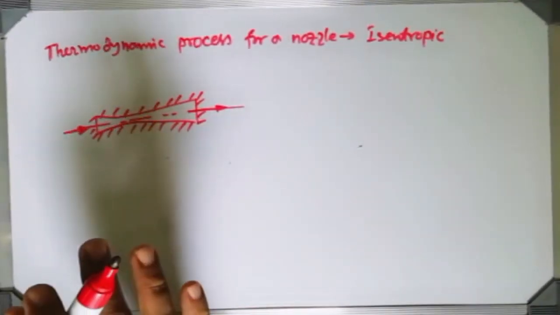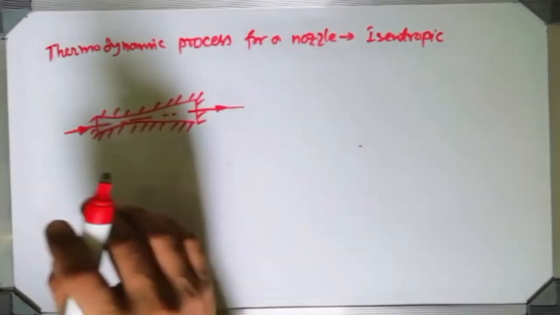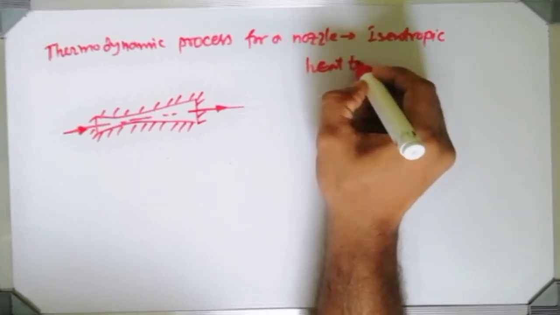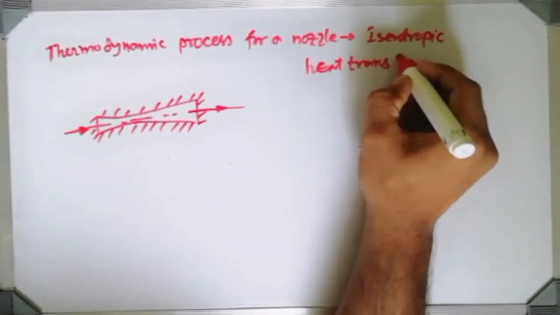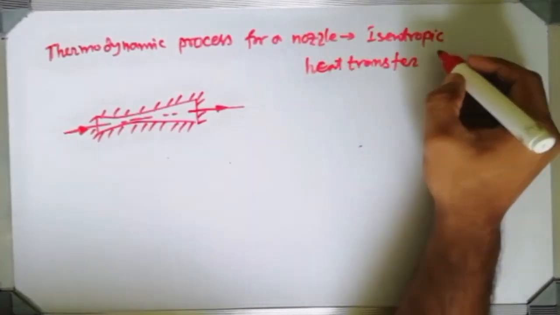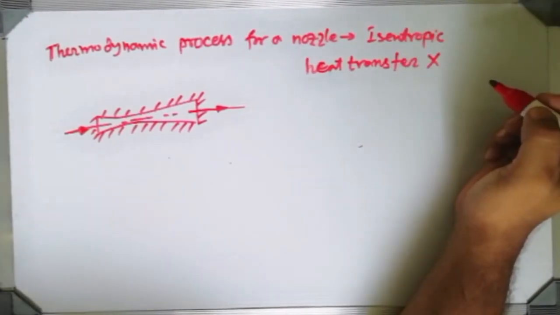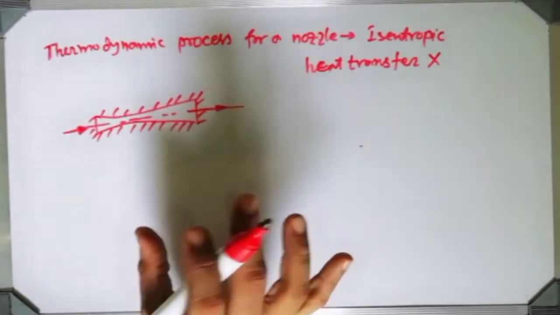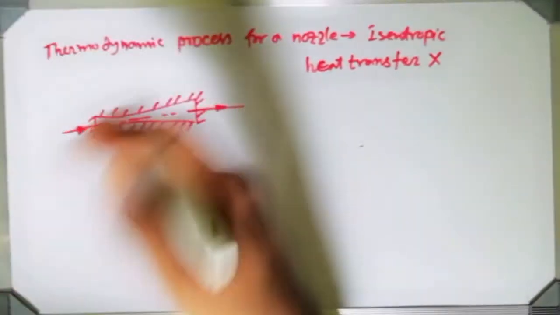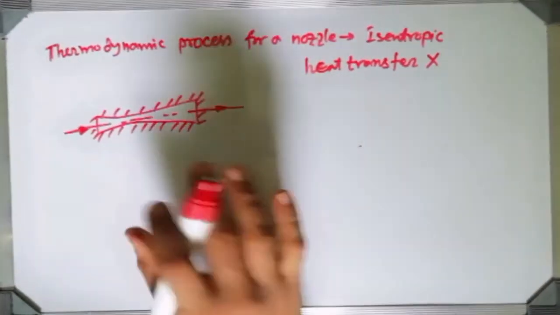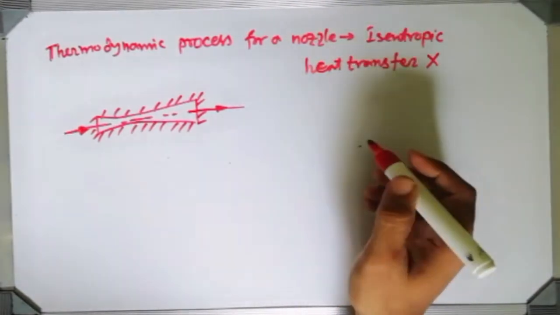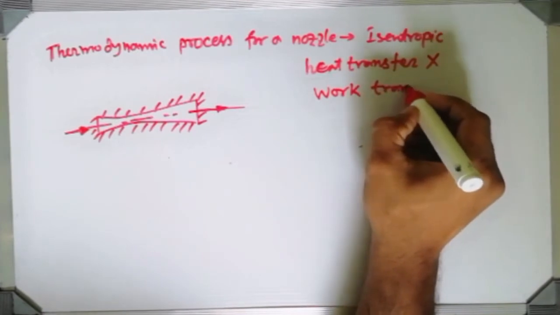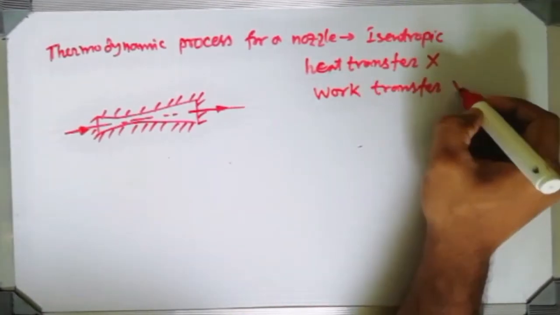So the nozzle is insulated. Why is it insulated? Just to stop heat transfer, so no heat transfer will be there. As well, there is no moving part inside a nozzle, like a cylinder piston arrangement or a rotating device, nothing is there. If there is no moving part, then we can say no work transfer will be there either.